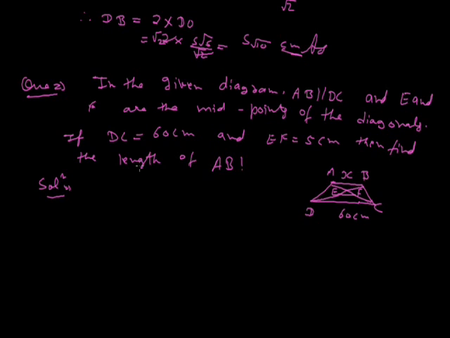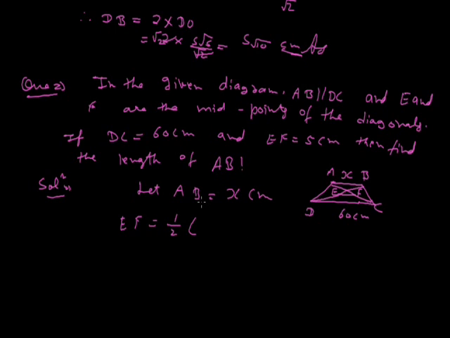So let AB be equal to X centimeter. We need to find the value of AB. So we have a property that the line joining the midpoints of the diagonals, which is EF, is equal to half of the difference of the two parallel lines.